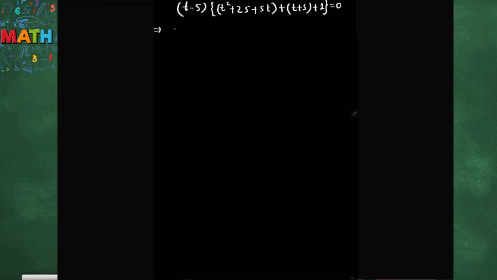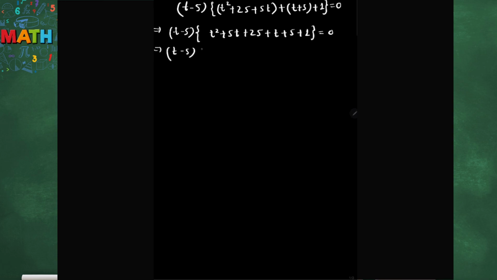Okay, so we can write t minus 5, we need to simplify this, so t square plus 5t plus 25 plus t plus 5 plus 1 is equal to 0.